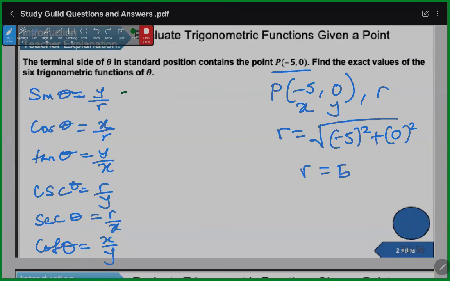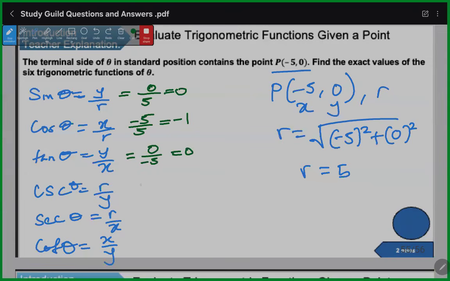So this will be y, which is 0, over r, which is 5, and that will give us 0. Then x is -5 over 5, and this will give you -1. Then tan is 0 over -5, and this will give you 0.